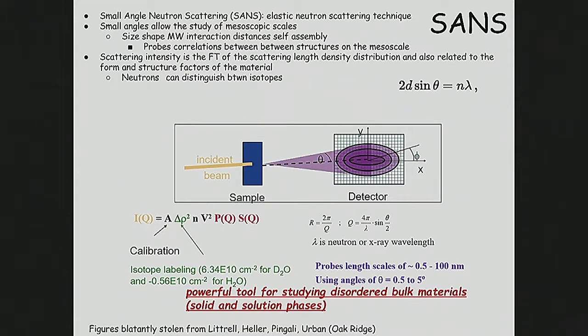And so the intensity is also dependent on this delta rho, which is the scattering length density contrast. It's the reason why SANS is such a powerful technique, because the scattering length density is dependent on the nucleus, and it allows us to distinguish between isotopes. So using SANS, we can probe length scales, like I said, mesoscale, so 0.5 to 100 nanometers, using an angle of 0.5 to 5 degrees.